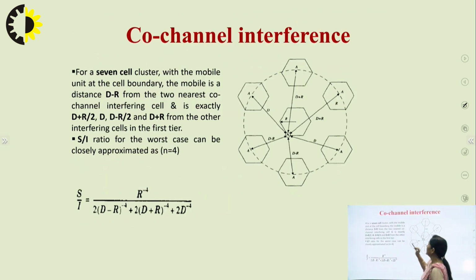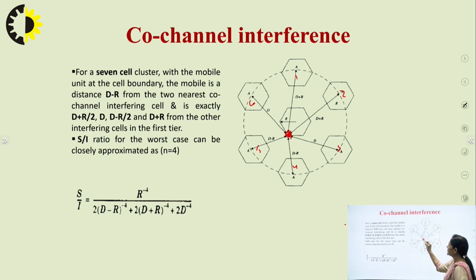Now, if you want to derive this equation in terms of D by R on the basis of distance, you can see here a 7 cell cluster with a mobile unit at the cell boundary. We have 6 co-channel cells, cluster size is 7, and the mobile user is here. This is the main base station.